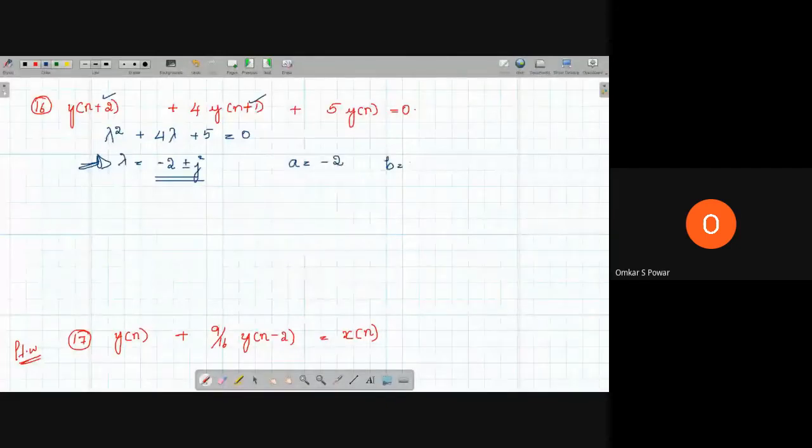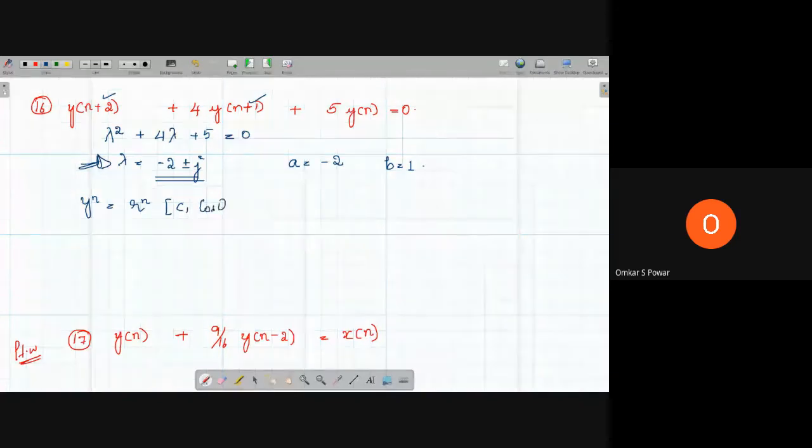So the natural response when the roots are imaginary is y of n is equal to r to the power of n into c1 cos theta n plus c2 sin theta n. How do we get this value of r?